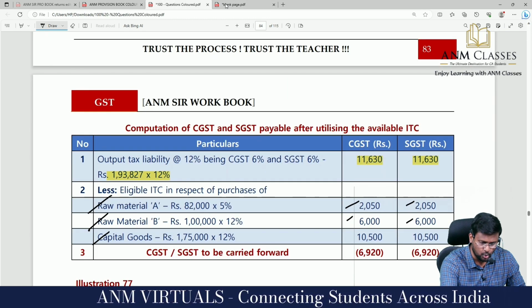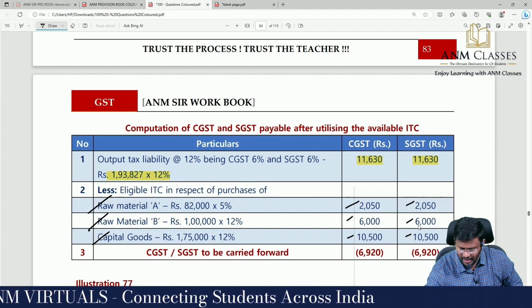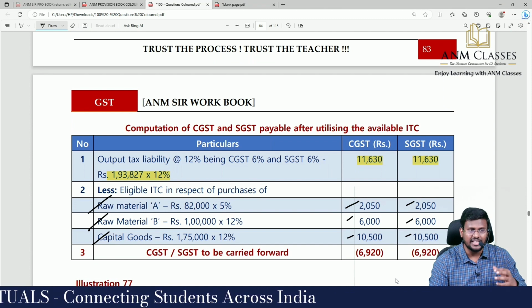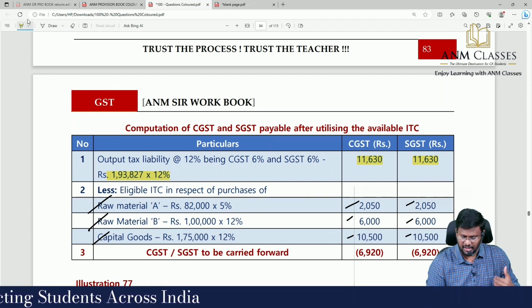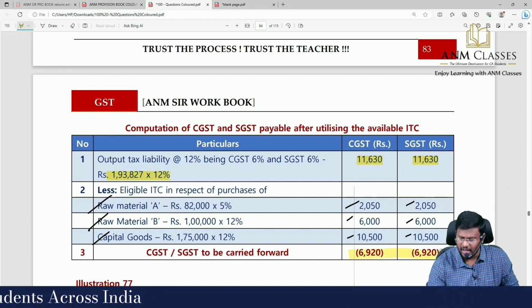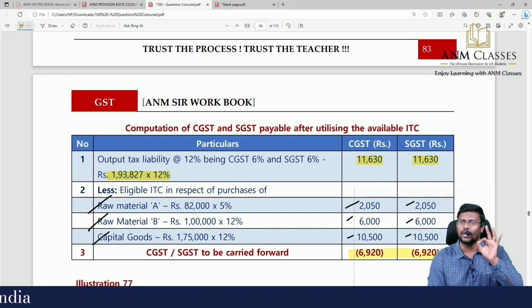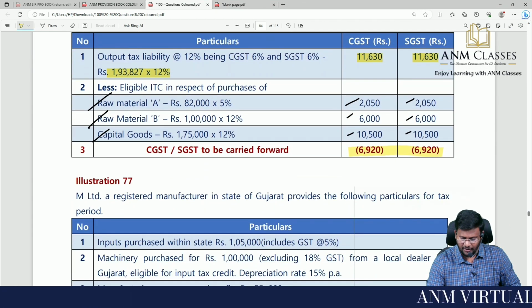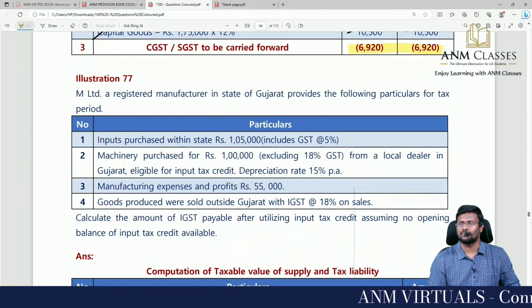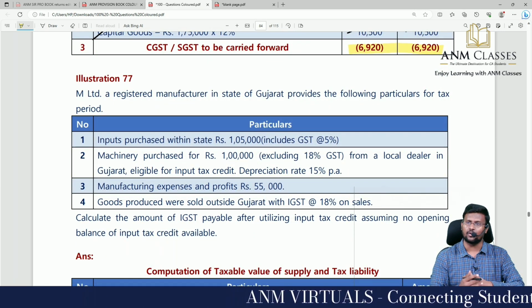Capital goods total 21,000 divided by 2, 10,500. So there is no need to pay CGST or SGST. We have credit to carry forward, 6,920. Since input tax paid is higher than output tax collected, we can carry forward and set off next month.